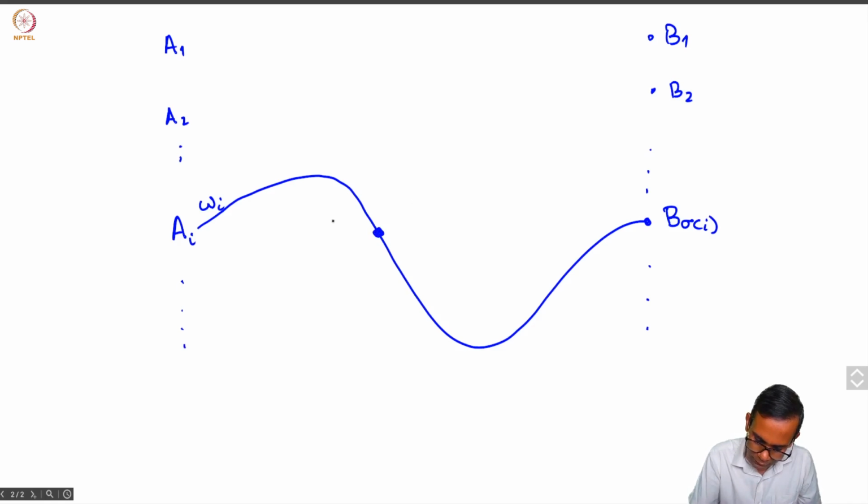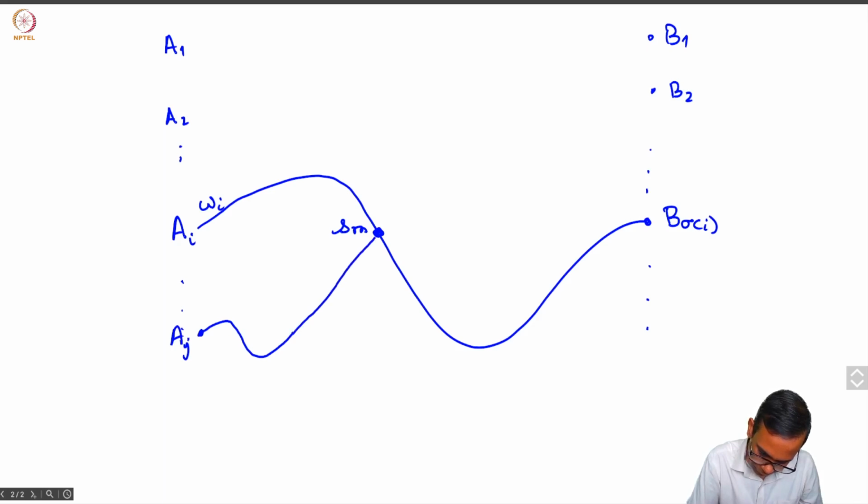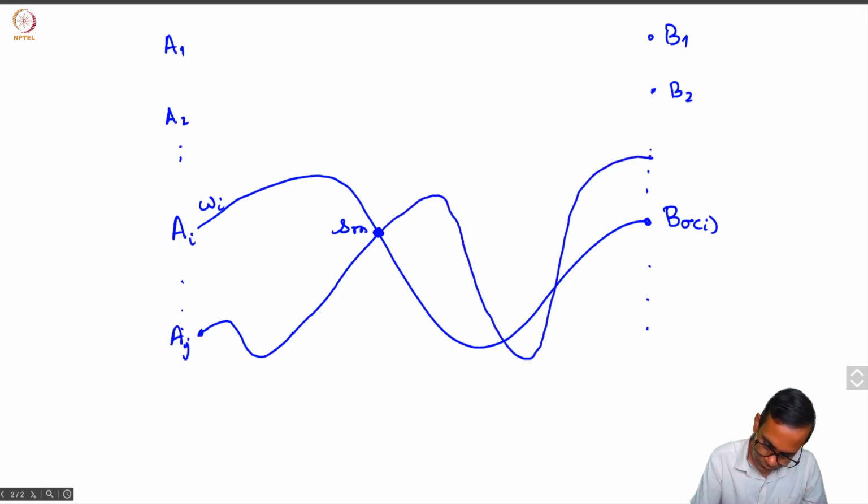So this is the point, what did I call it? I called it s_m. So this is the point s_m where it crosses another path omega_j, which starts at A_j for j greater than i. And it may cross several paths here, but we look at the least j such that it crosses it. It may cross this path again, I don't know. And here we get B_sigma(j).